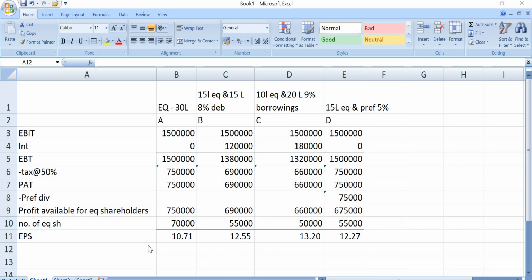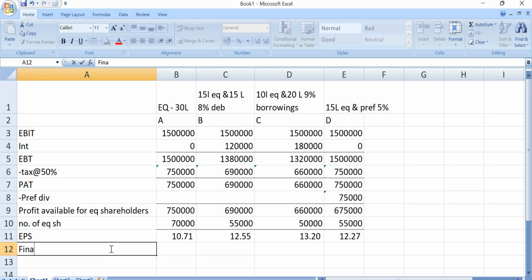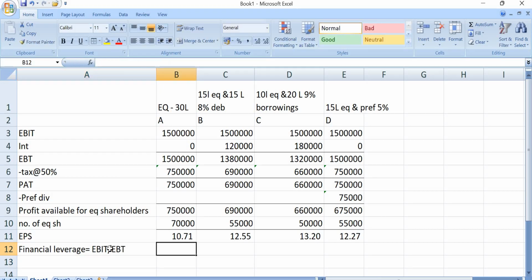So now what else do we need to calculate? We need to calculate financial leverage. So financial leverage is equal to, what is my formula? EBIT divided by EBT, right? So EBIT in this case is 15 lakhs divided by EBT, that is again 15 lakhs.